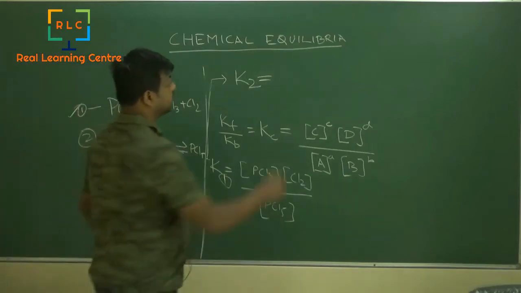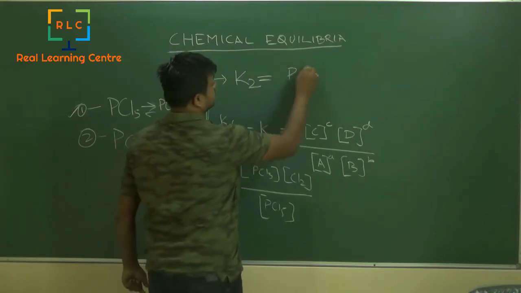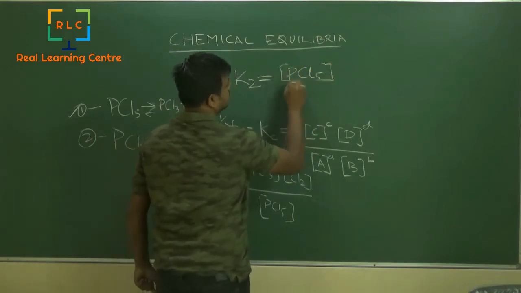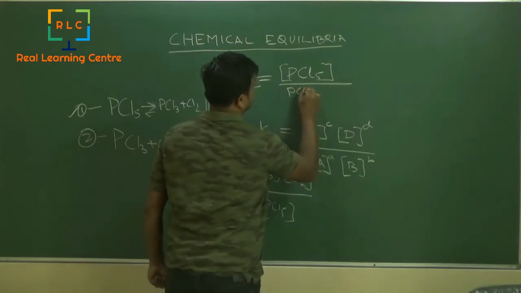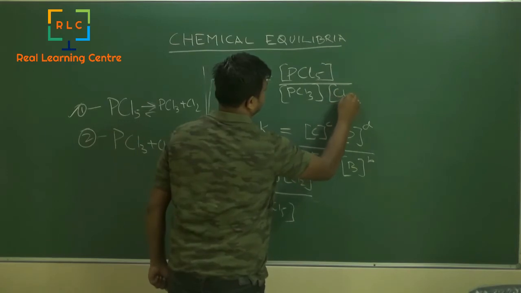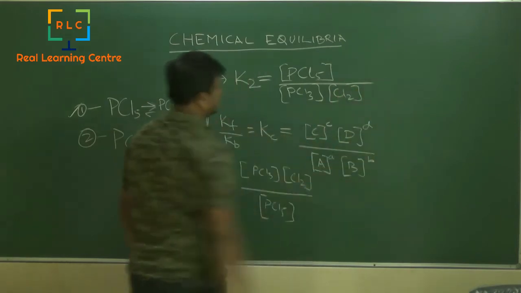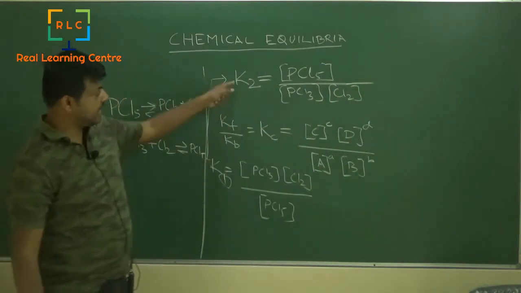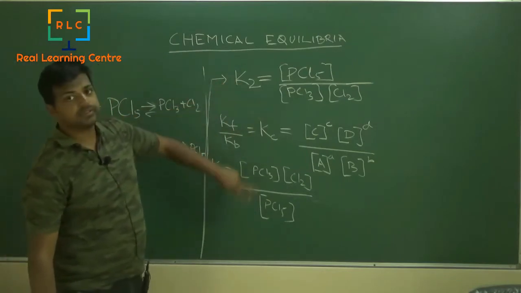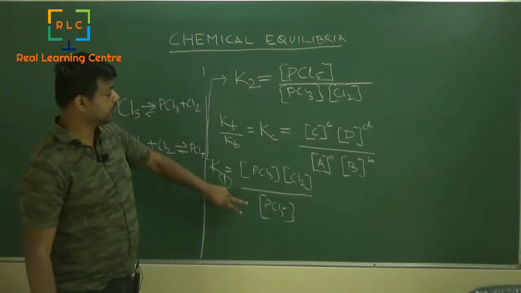So here the product is PCl5, divided by PCl3 and Cl2, right? Now if you see this K1 and K2, for this reaction and this reaction, they are opposite of each other, right? Reciprocal of each other.